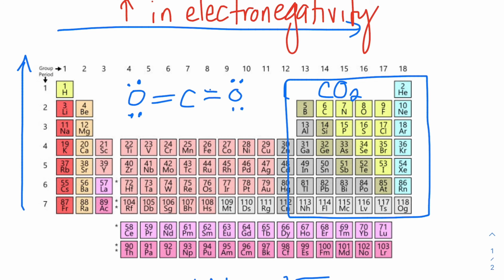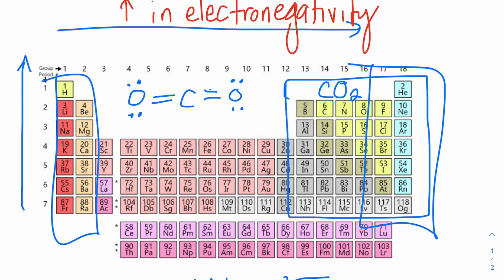A really good way to look at it is if you have elements over here together on the right side of the periodic table, in that section of nonmetals particularly, that's where you see the most common examples of covalent bonding. If you have something from the left side with something from the far right side, that's usually what we see when we're dealing with ionic bonding and a difference of electronegativity that is strong enough that we have a transfer of electrons.